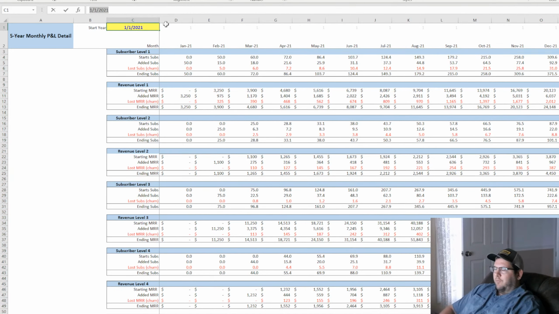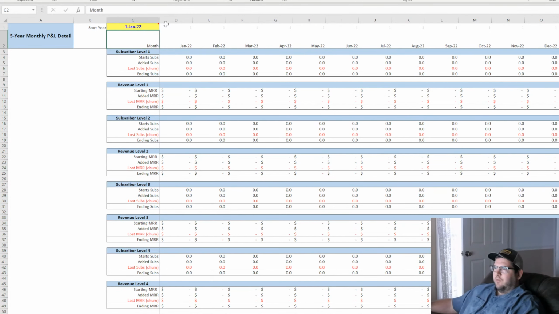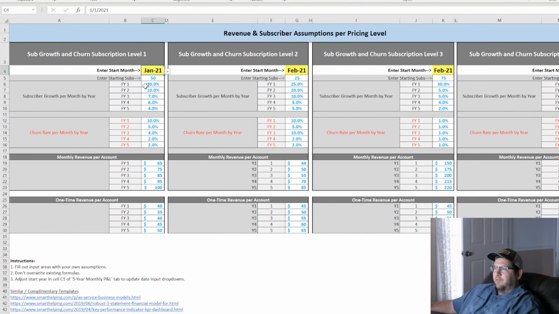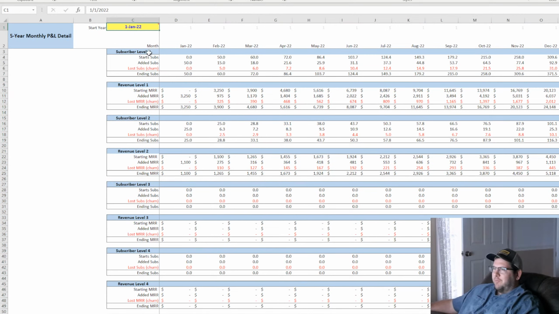And up here it should be for your situation 1/1/2022. And then if you go back to user assumptions, now you can see the date you can select is starting in 2022. Okay, on the 5-year monthly P&L, see that in cell C1? 5-year monthly P&L tab.